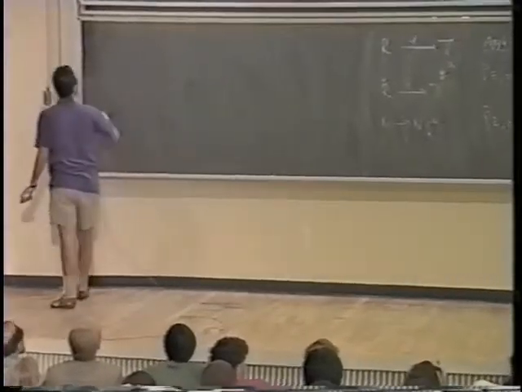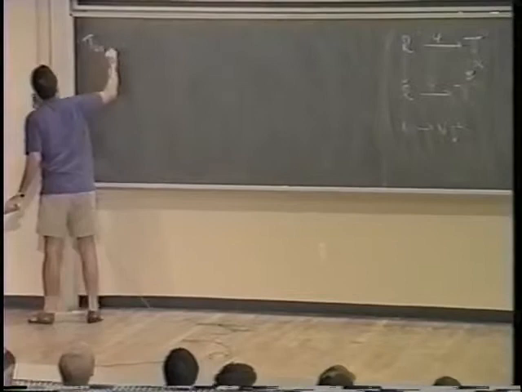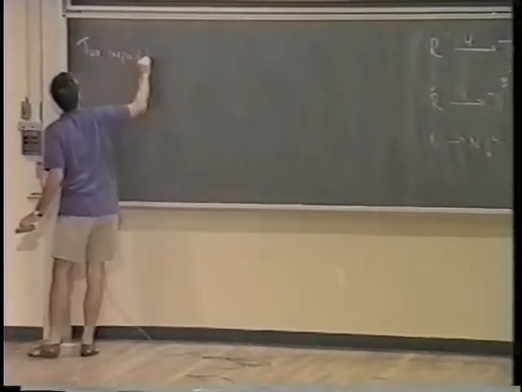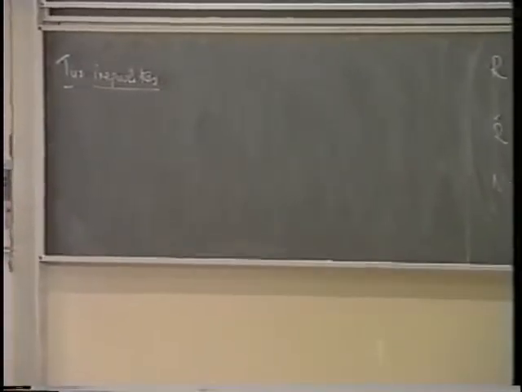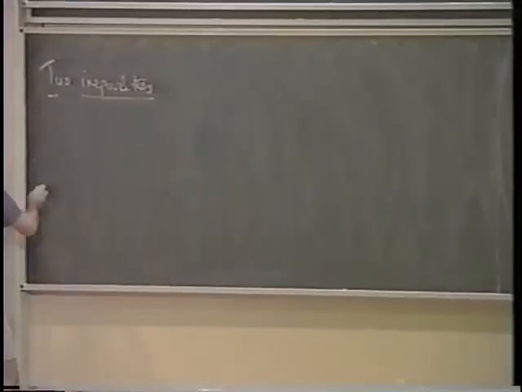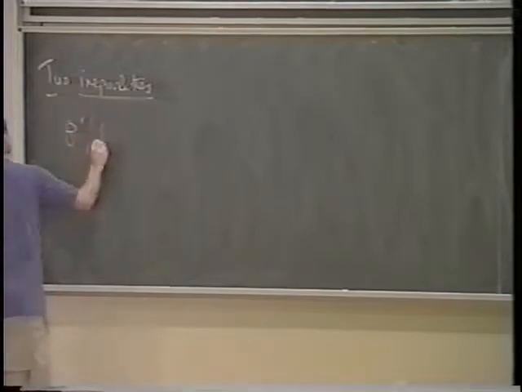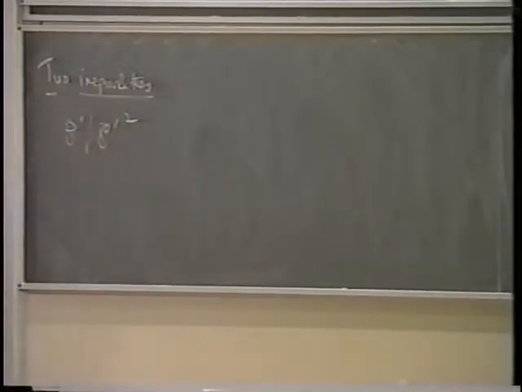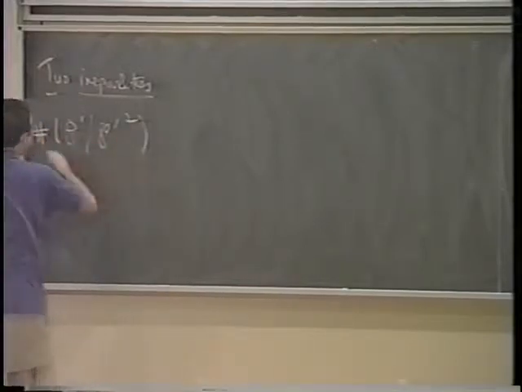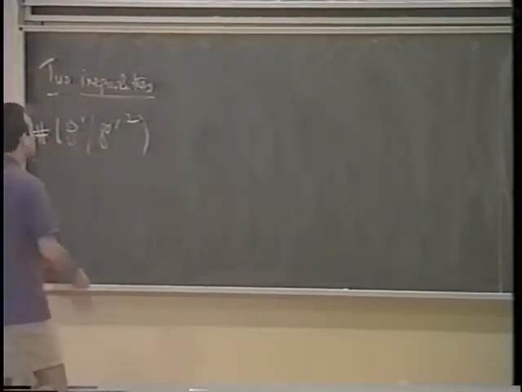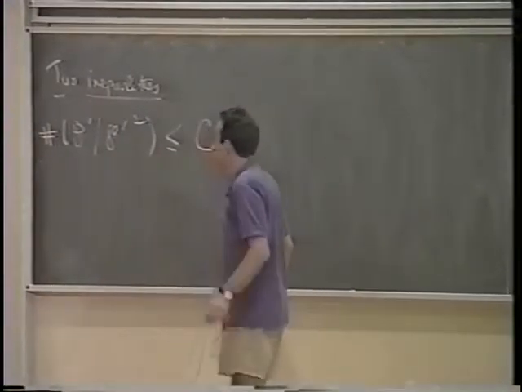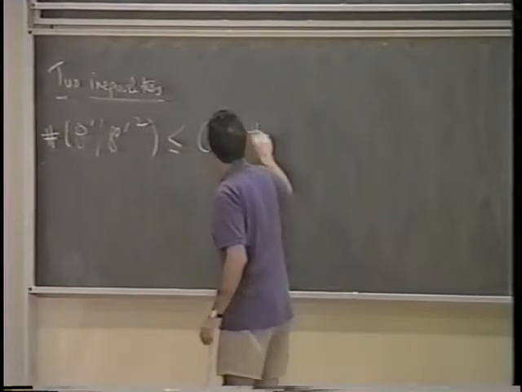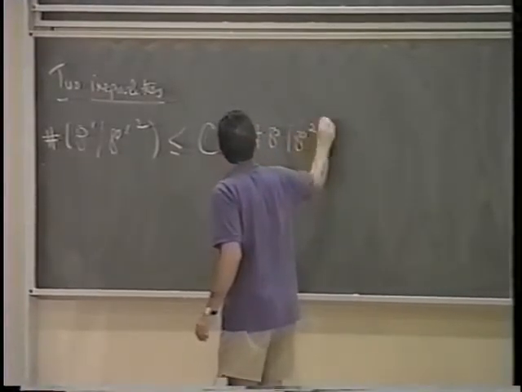And what you have to do is prove two inequalities. Namely, in order to make things work, you'd like to prove that p prime mod p prime squared, and when I write this, I'm really thinking of its order, let's try to put in the sharps, you want this thing to be bounded from above by a certain constant, which will be made explicit, times the corresponding order at the lower level.